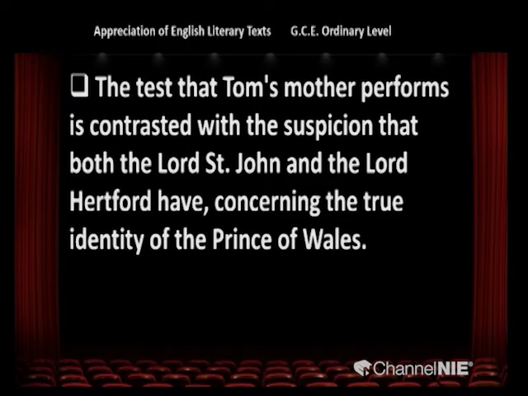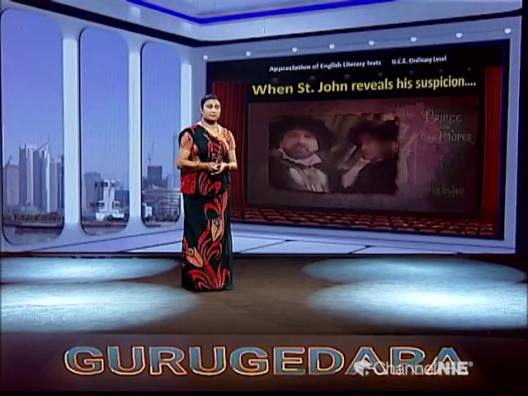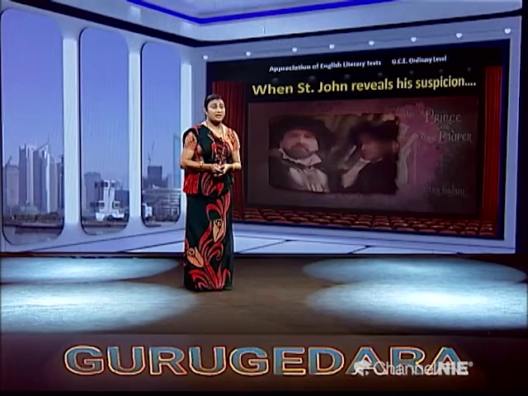So you can see when St. John has some kind of suspicion regarding the prince, he tells it to Lord Hertford, but Lord Hertford threatens him and tells him not to talk about that. So in the video clip you can see their conversation. When St. John reveals his suspicion, you can see how Lord Hertford acts.